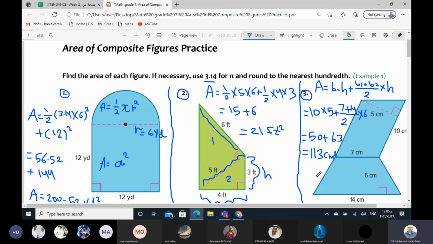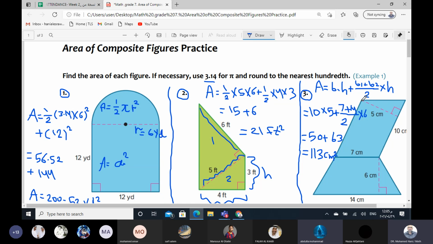Who has any question here? Mr., the triangle up, a triangle that has 5 centimeters.